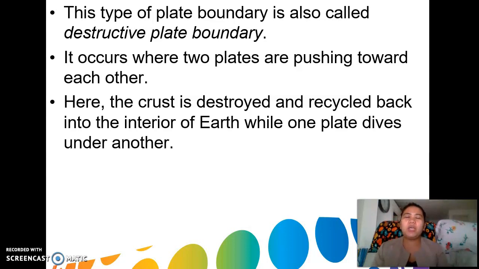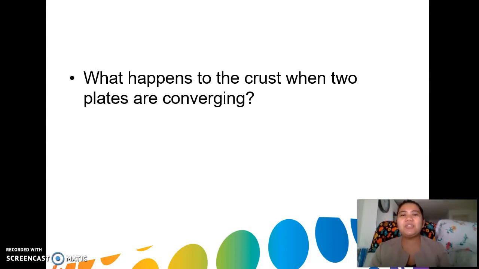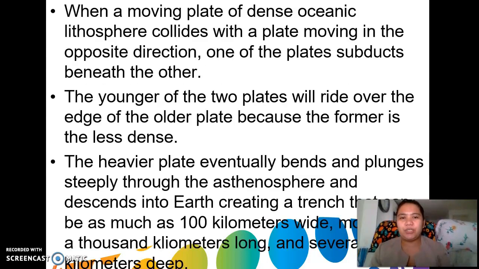One of the plates will be totally destroyed, while the other will be recycled back into the interior of the Earth, as one plate dives under the other plate. What happens to the crust when two plates are converging?